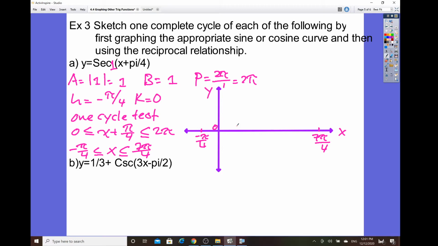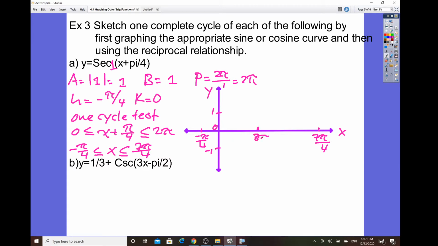Okay, so now the amplitude. If that's a sine or cosine curve, the amplitude would be considered 1. Based on the scalar, we start with 1 up here and negative 1 down here. Half of the distance between negative pi over 4 and 7 pi over 4 is 6 pi over 8, which is 3 pi over 4.